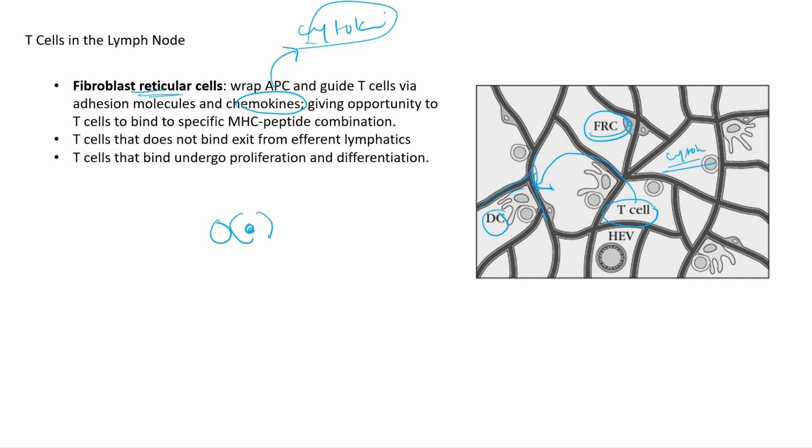For proper binding, the T cell should get sufficient time. Because these antigen presenting cells are glued to these membranes, it is easy for the T cell to get that sufficient time.